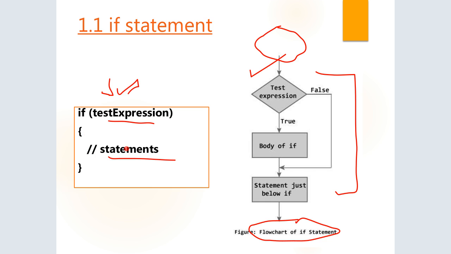If it is false, you don't execute the statement. Instead, you move to the end. We normally say you pass the control outside the if body. So you can see how this arrow is moving, up to this point.